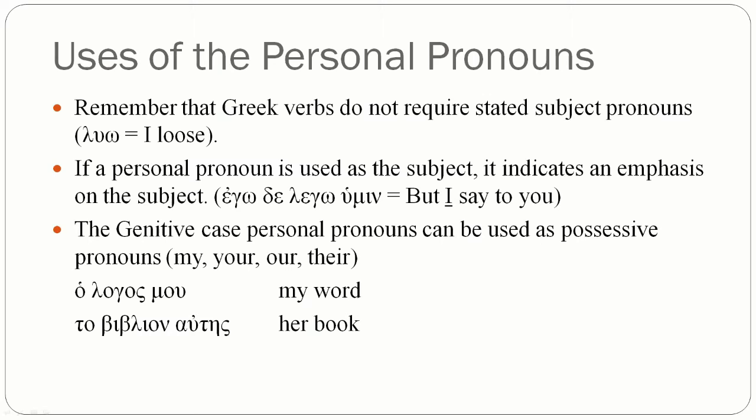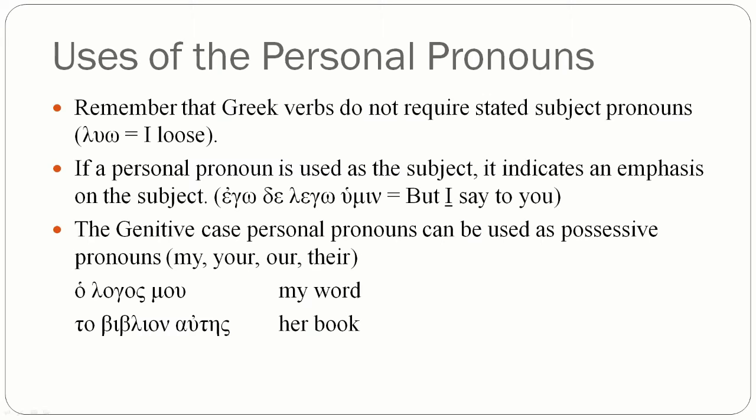So, for example, look at the example sentence there, ego de lego humin, something that Jesus says a lot in the Gospels. Notice lego humin would be totally fine to express this, okay? Just having lego there means I say.